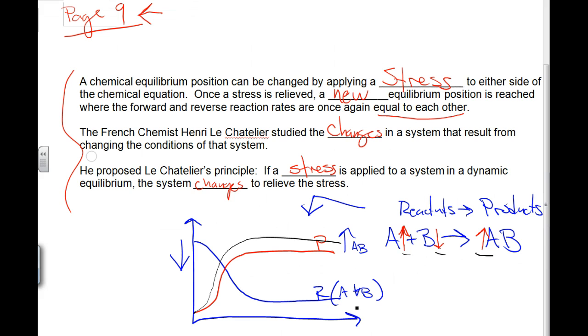Now, if this is the same, but this is more, I have a new equilibrium position. And that's not that big a deal. The rates are still the same now because I'm at equilibrium, but I have a different position of my equilibrium. I have the same amount of A plus B, roughly, but I have an increased amount of AB.